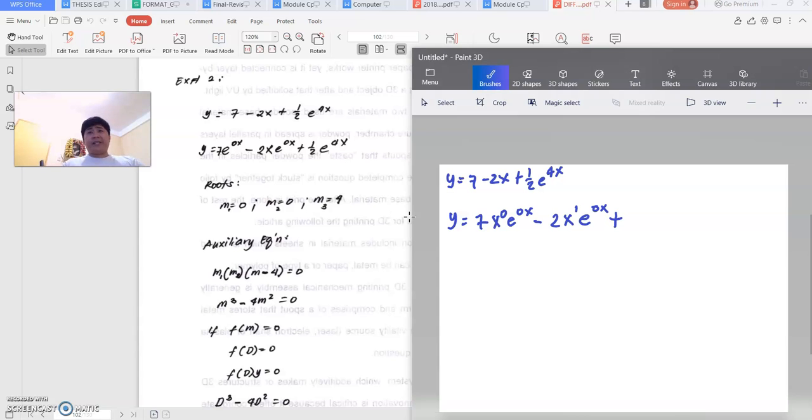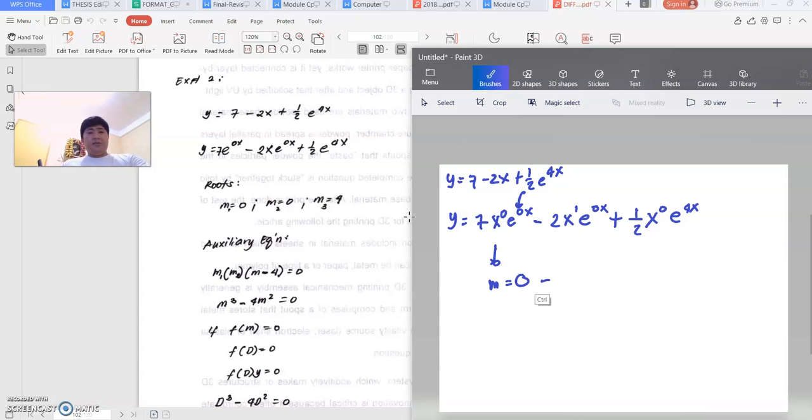These don't have x, meaning, let me copy the constant, the x is 0. Then this one, its e is 4x. So now, the root of this, m is equal to, what is the root? The root is what multiplies our exponential. So, therefore, the root of this is 0.